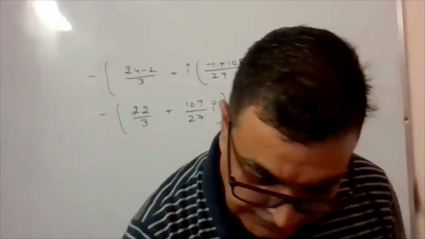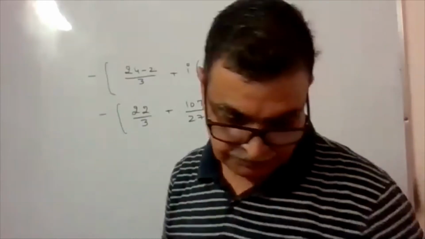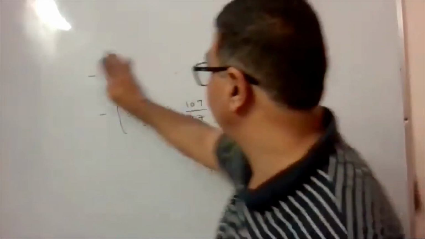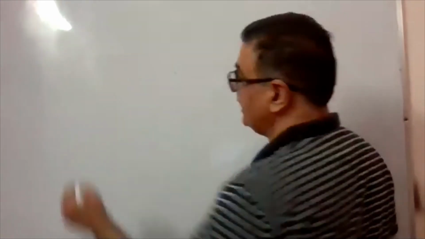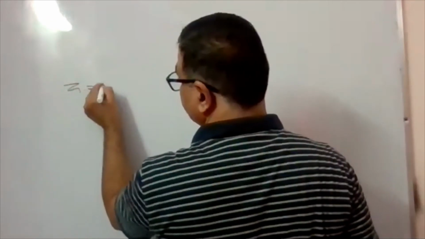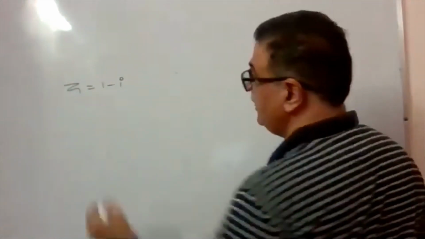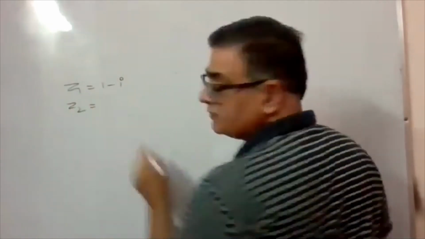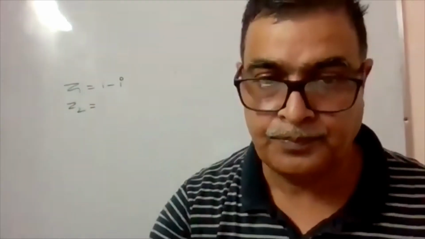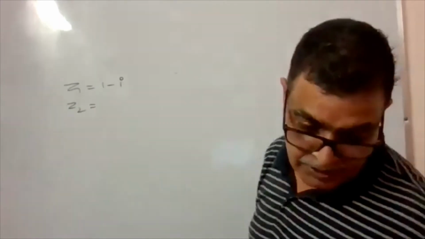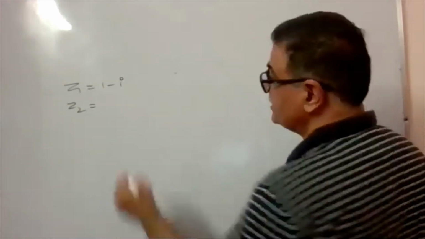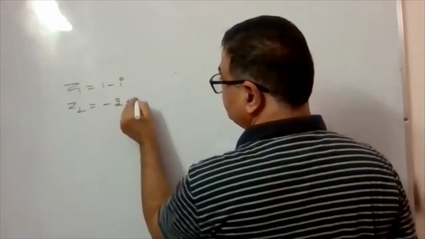Now coming on the second type of question. Write down please. If Z1 is given as 1 minus iota and Z2 is given as minus 2 plus 4 iota.